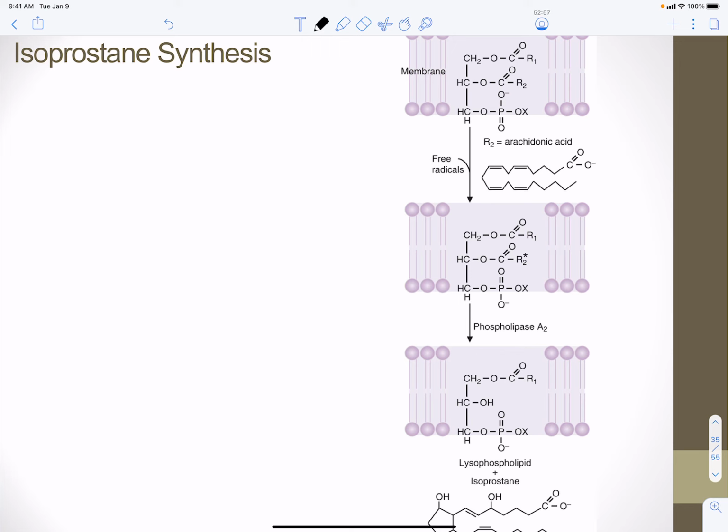So damaged arachidonic acid is actually a useful biomarker for patients that have a lot of oxidative stress, have a lot of lipid peroxidation occurring. So just keep that in mind.